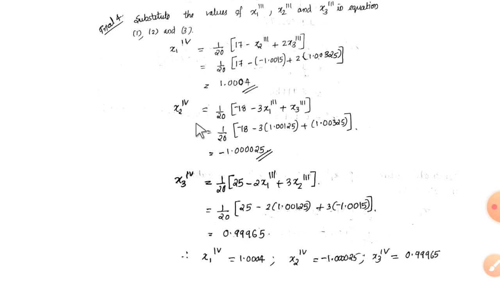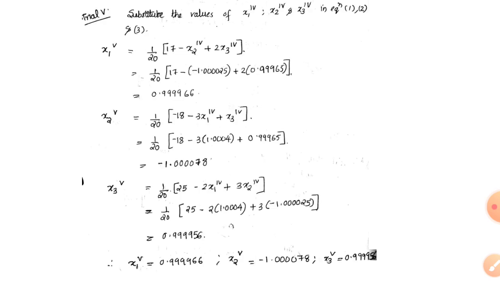Thus we get a new set of values: x1 raised to 4 equal to 1.0004, x2 raised to 4 equal to minus 1.000025 and x3 raised to 4 equal to 0.99965.